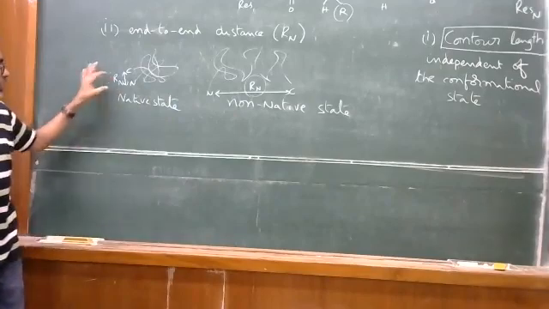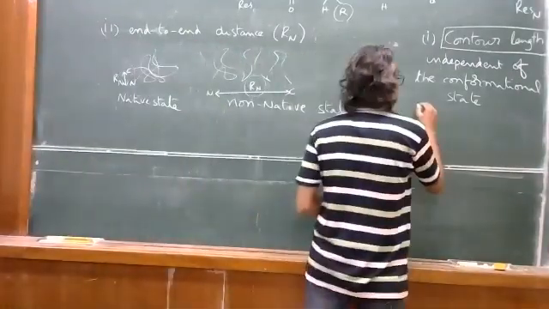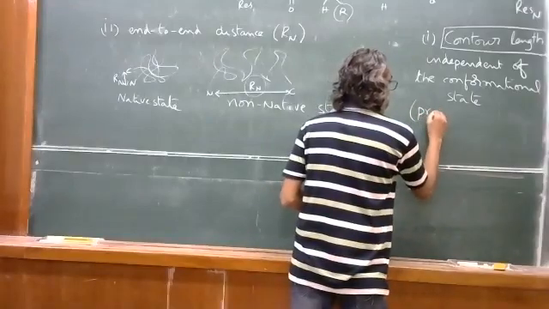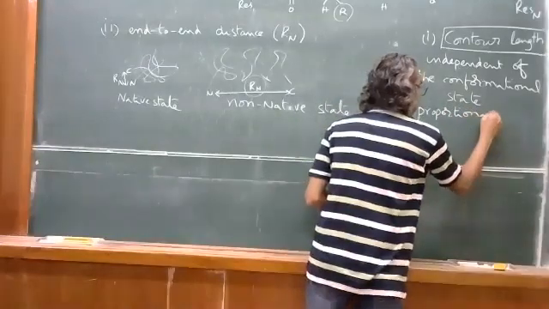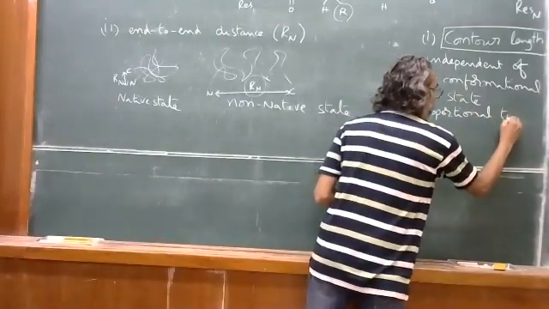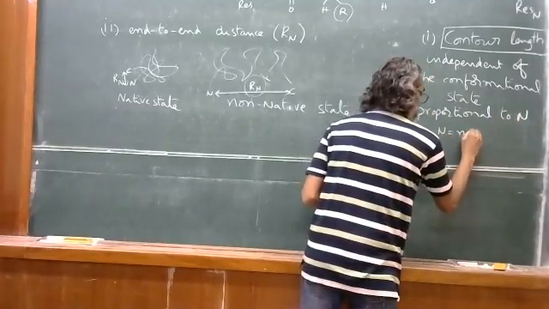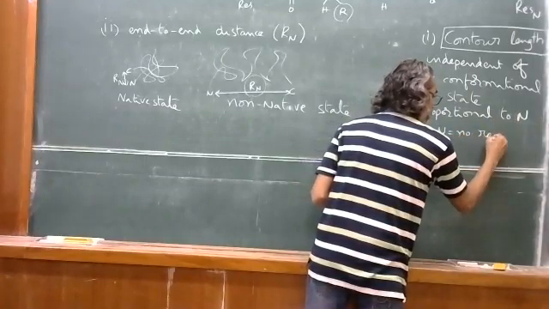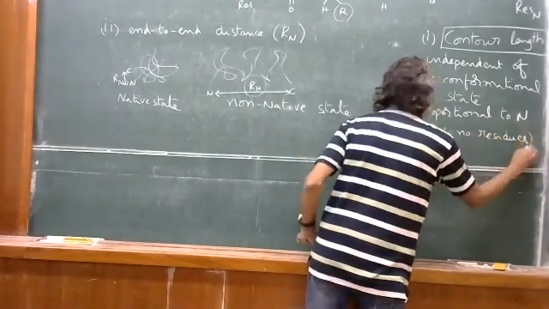The second thing is that the contour length is proportional to n, the number of residues. The residues are the amino acids constituting your protein.